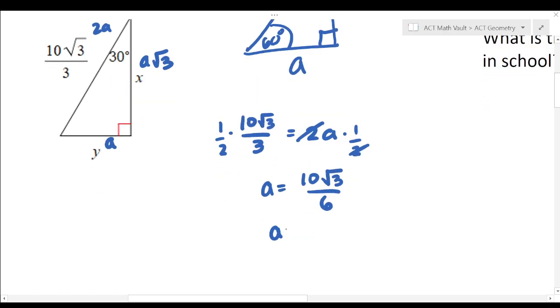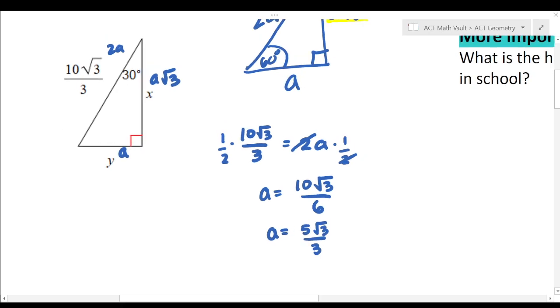Then the 10 and the 6 need to simplify, so you can divide both of them by 2 and get 5 root 3 over 3 as the final answer for our A. So that would be y, 5 root 3 over 3.